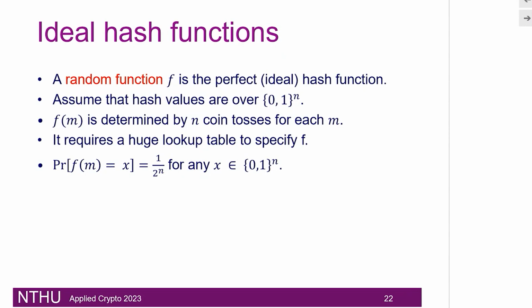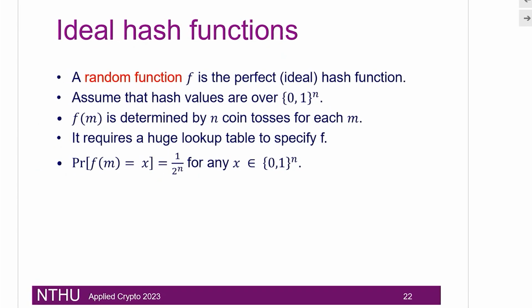Ideally, the way we want it to work is that, suppose the output of the hash function is n bits. Every time we pass a message to compute its hash, we want the function to do one simple thing: toss a coin n times, generate a truly random number for this message, and say that the hash of this message is going to be these n bits.